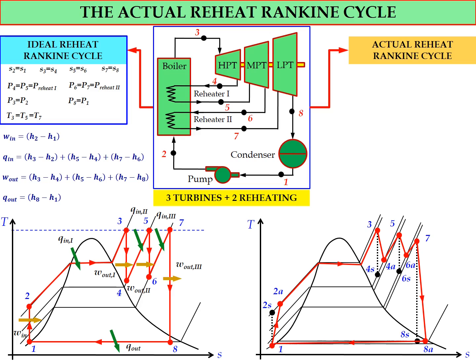For example, at the compression process, we need to consider 2S for the isentropic process and state 2A for the actual compression process in the pump. Similarly, in the turbine, for example turbine number 1, the high pressure turbine, we need to consider state 4S for the isentropic expansion process and also state 4A for the actual expansion process in the high pressure turbine.